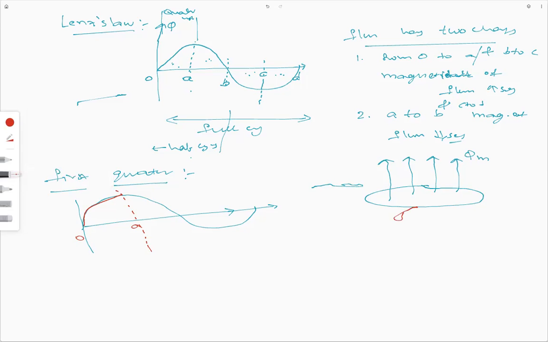Same direction, opposite direction? Opposite direction. So the flux produced by the coil will be in the opposite direction. Call it the counter flux, and write it down as phi C, in order to oppose this increase in flux.